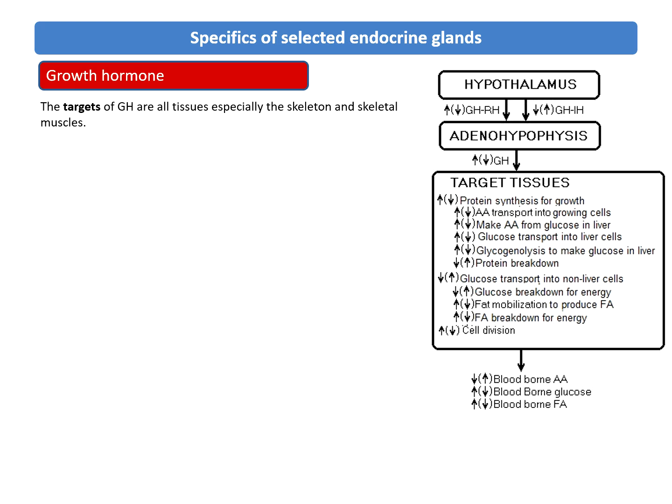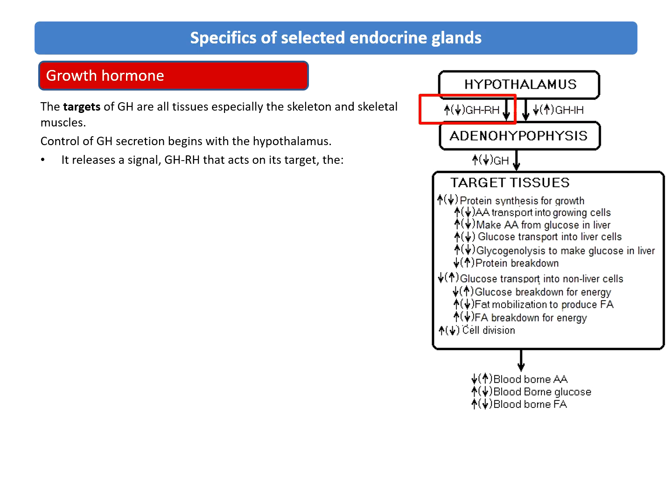Continuing with growth hormone, the targets of growth hormone are all the tissues of the body, but especially skeleton and skeletal muscle. Control of growth hormone secretion begins with the hypothalamus, as we mentioned. It releases a signal, growth hormone releasing hormone, that acts on its target, the adenohypophysis, that is, the anterior pituitary.